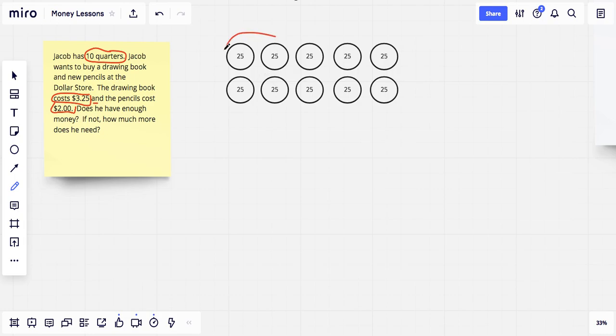So I'm just going to group these quarters into piles of 4 because I know that is quickly going to make $1. Okay, so I've got $2 circled and I have 50 cents here. So Jacob has $2.50.